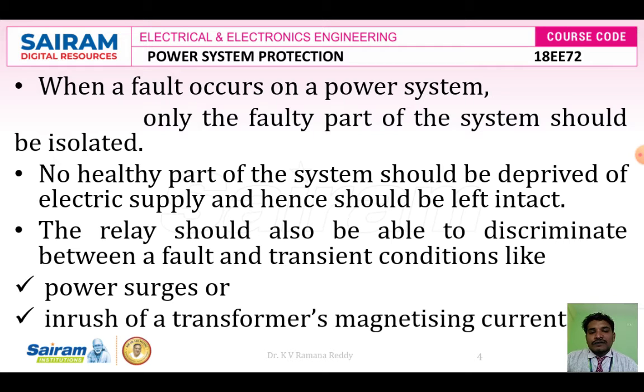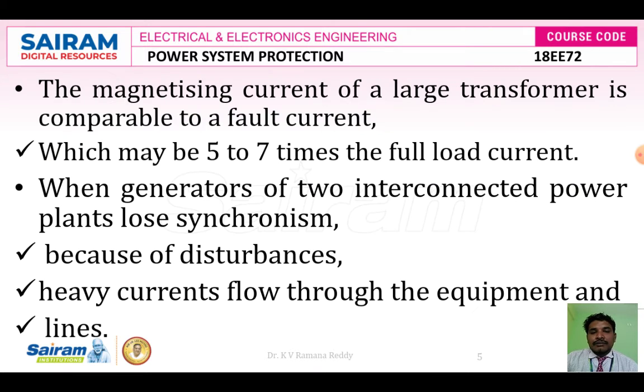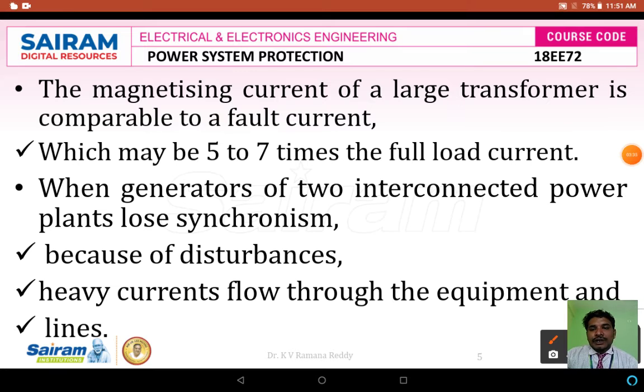No healthy part of the system should be deprived of or disconnected from the electric supply; it should be left intact. The relay should be able to discriminate between a fault and transient conditions, especially power surges or the high inrush of a transformer's magnetizing current, because the magnetizing current is large compared with a fault current.